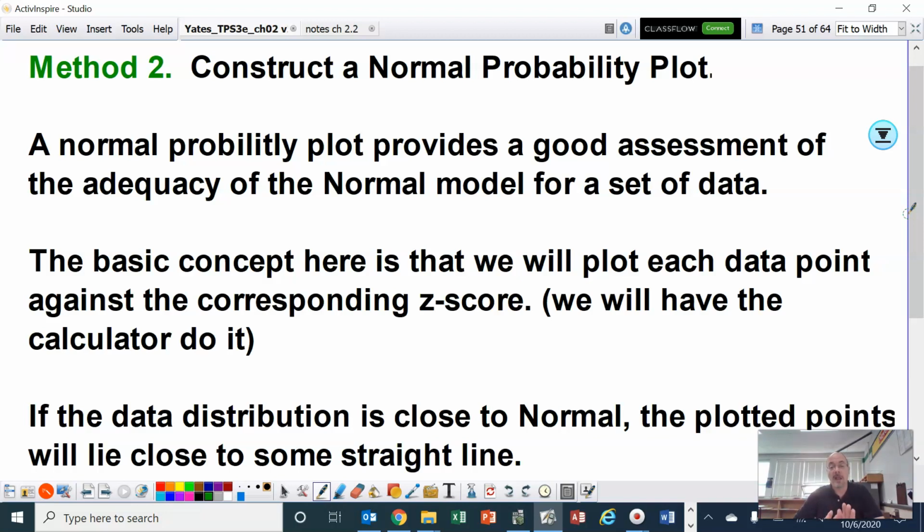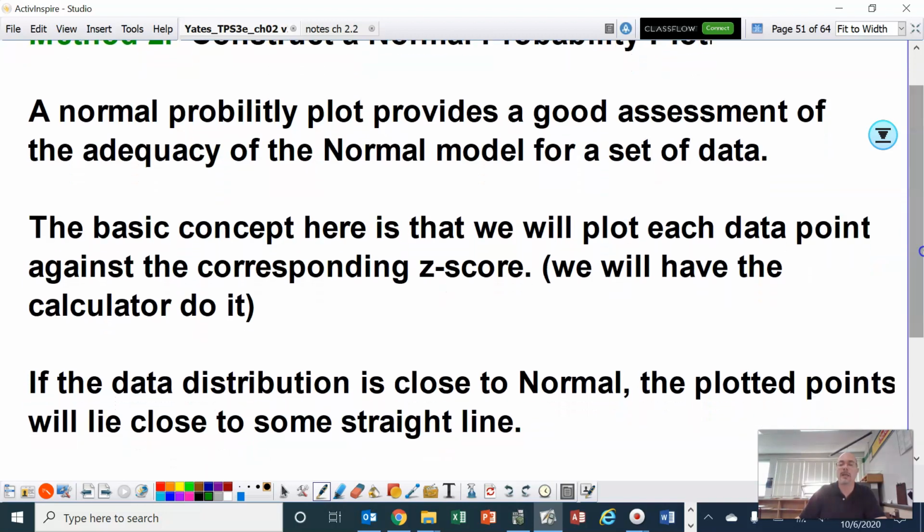The calculator actually finds all the z-scores for you, but I'll get there. We will have the calculator do that. If the data distribution is close to normal, the plotted points will lie close to some sort of straight line, like a linear line, folks. Remember linear from algebra?